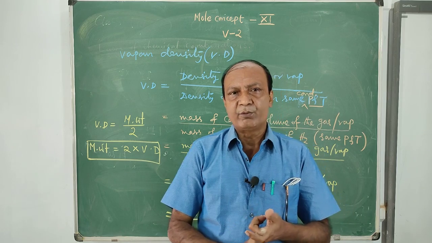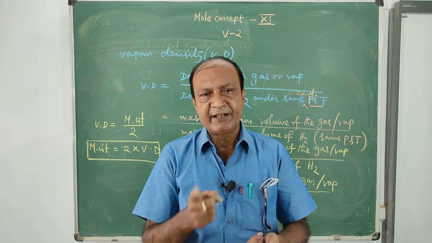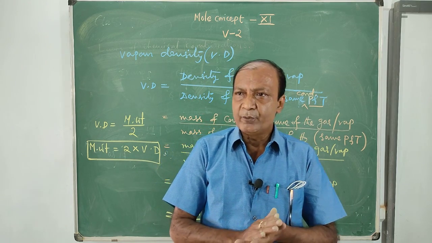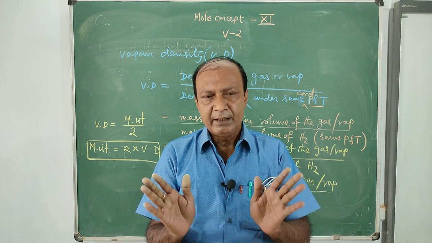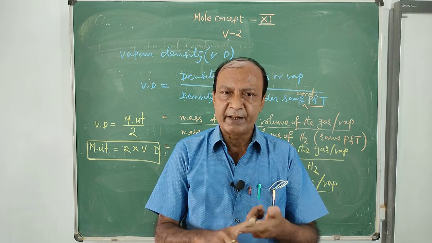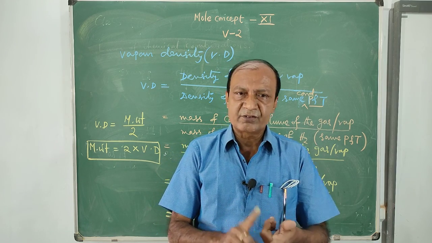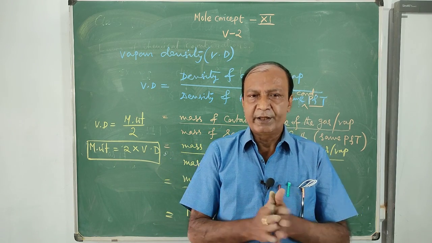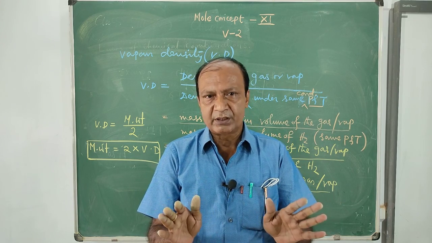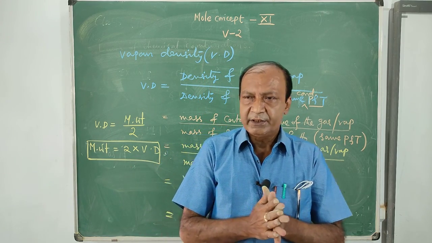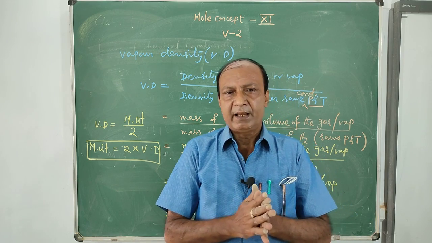Equivalent weight of base equals molecular mass of the base by its acidity. Equivalent weight of oxidizing agent or reducing agent equals molecular weight divided by number of electrons transferred during the reaction. Okay, these things you will read, you will do by yourself. In the class, I will discuss it with examples.